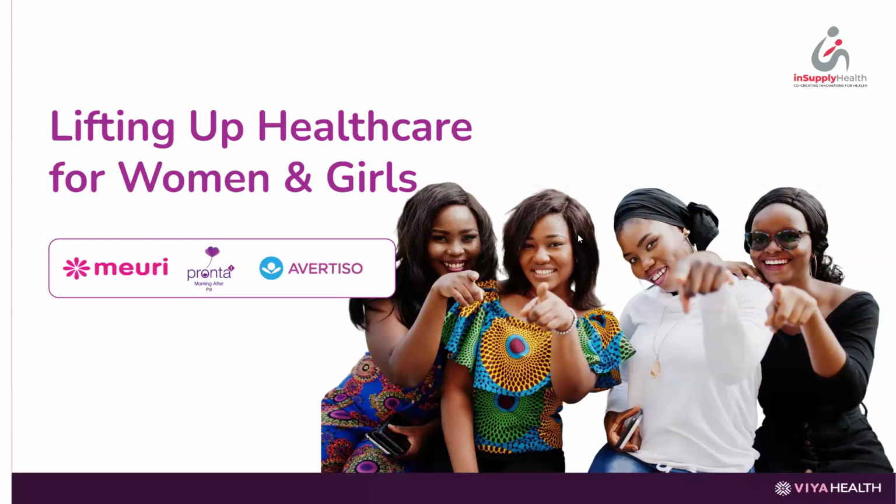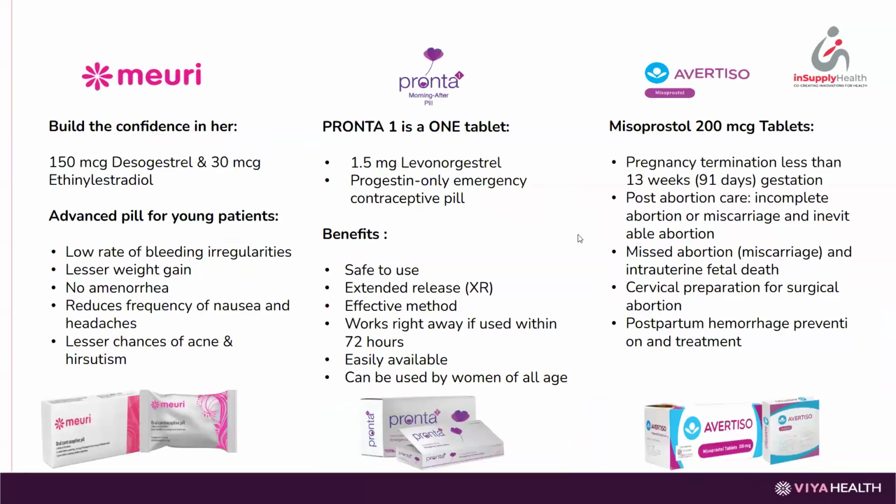These are the three products that we are currently pushing. Meuri is an advanced pill for young patients. It has a low rate of bleeding irregularities, lesser weight gain, and a list of other advantages.